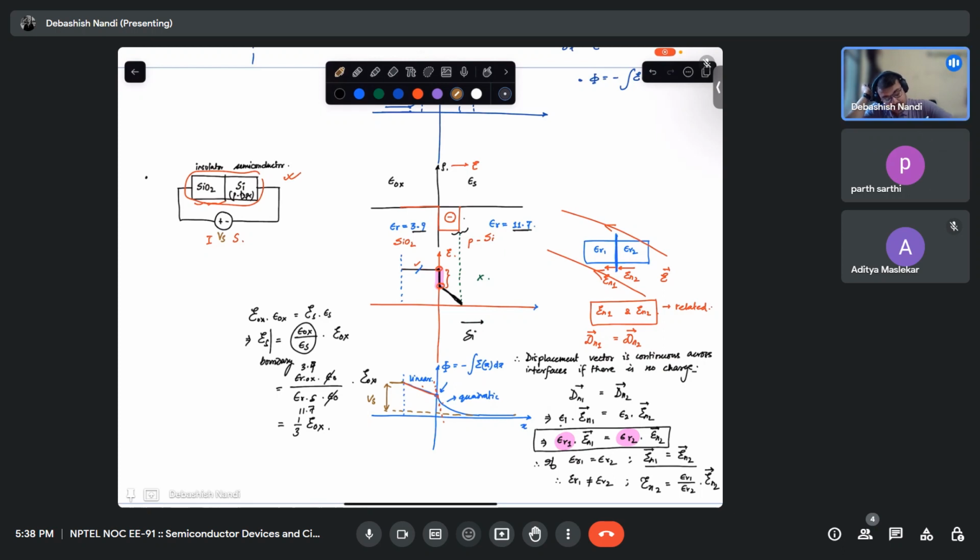So is our entire Vs dropping across this? No, right? Some of this Vs will be dropping inside the semiconductor also. Do you agree?